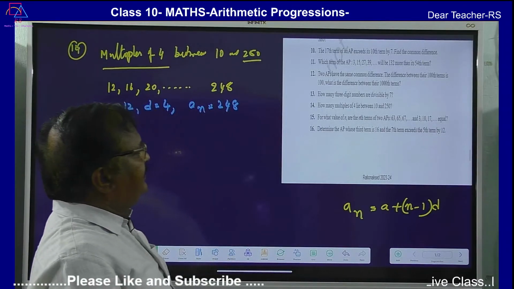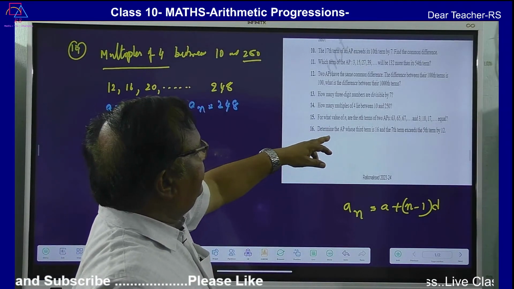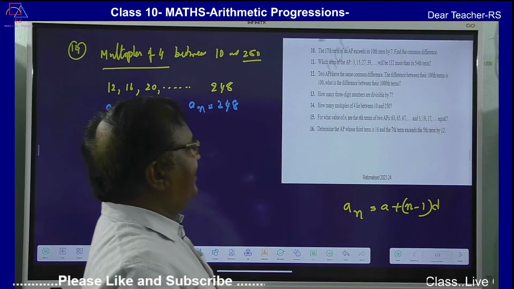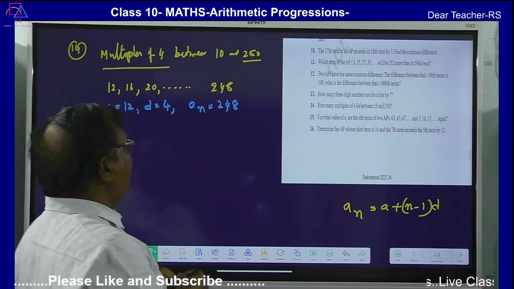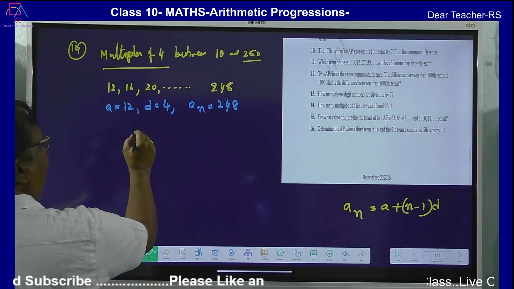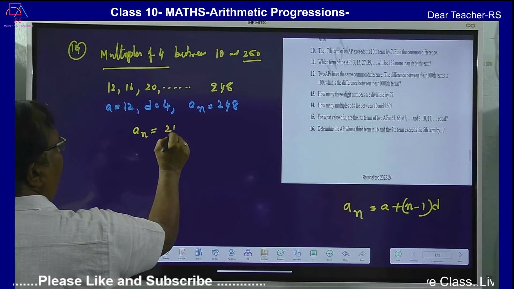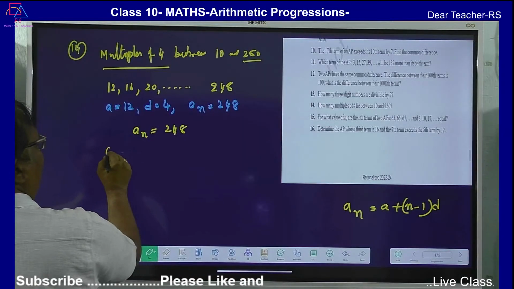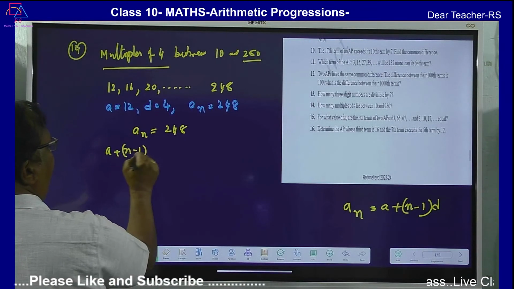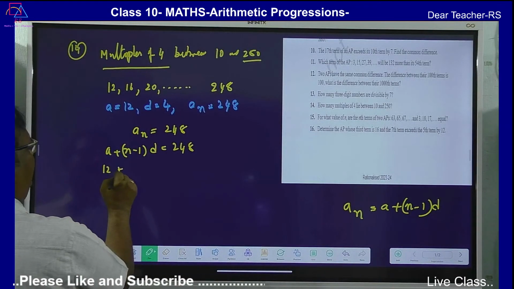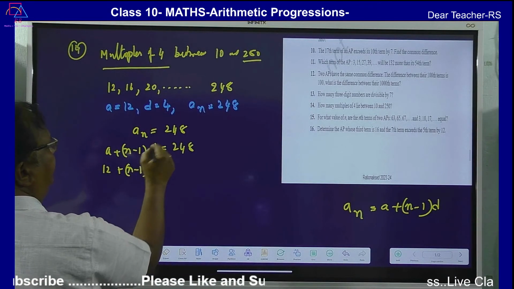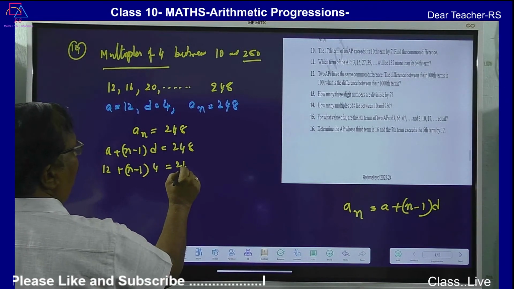So, this is how. Let me explain the 15th question also. I am not completing this question, I want you to do it. Okay. an is equal to 248 and put the values: a plus n minus 1 into d is equal to 248. a is 12, n we don't know, d is 4, which is equal to 248.